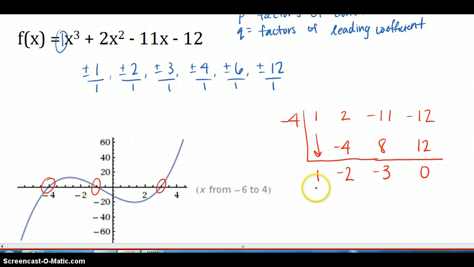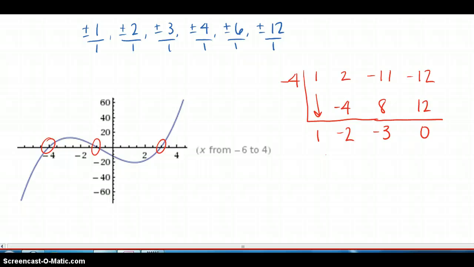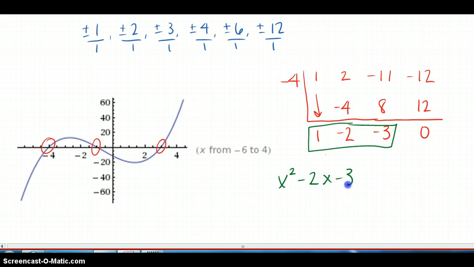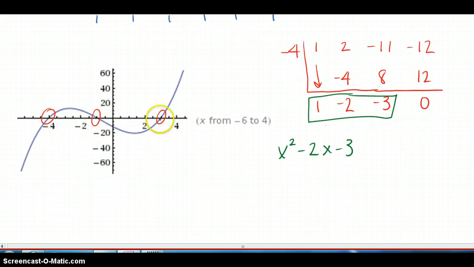So one of our factors is negative 4. So let's look at what we have left here. After we divided by that 0, we have left x squared minus 2x minus 3. So to find our remaining two zeros, because we know we have 3 of them here just by looking at the graph, we know one of them is negative 4. To find the other two, we can factor this.